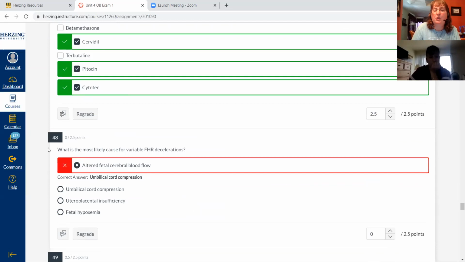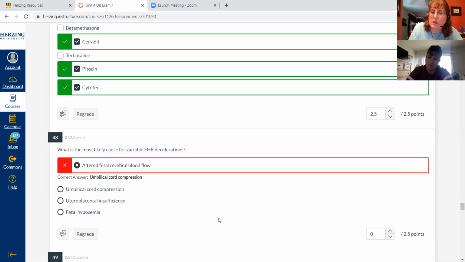Okay, and then here's another one about the fetal heart rate stuff. So what's likely a cause of variable fetal heart rate decelerations? So this is the cord compression. Is that just something you should know, or do I remember that? I think just like what she was saying about how the baby comes out. So early fetal heart rate stuff, really, you don't worry about too much.